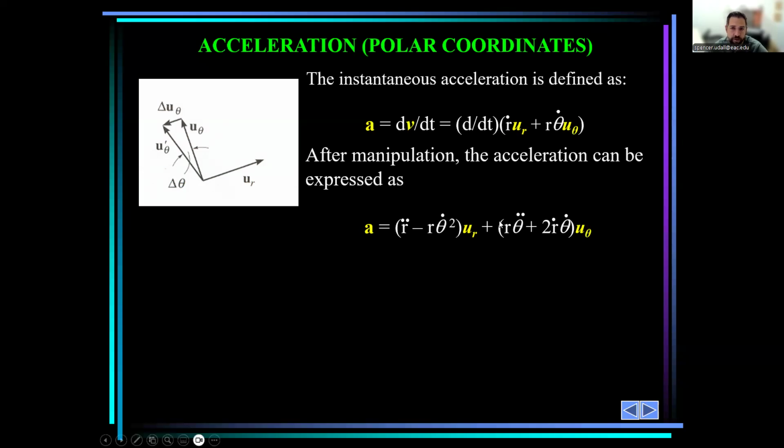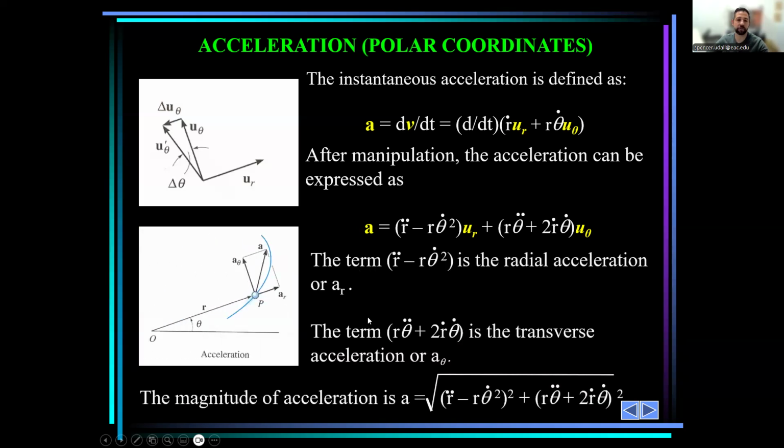So it's a little bit of derivation there, nothing crazy, but this is what we'd want to remember, that those are the two components of acceleration in the r direction and in the theta direction. So there's the two components. We could add them together with the Pythagorean theorem and come up with the magnitude of acceleration as well.